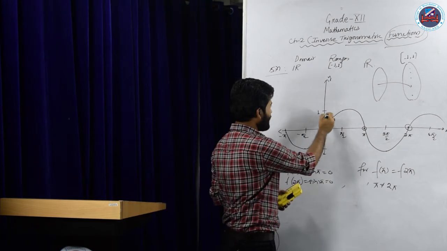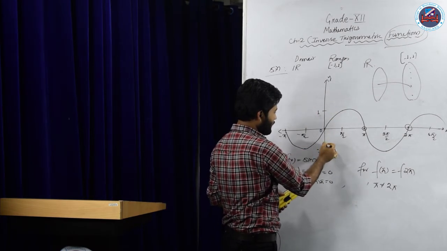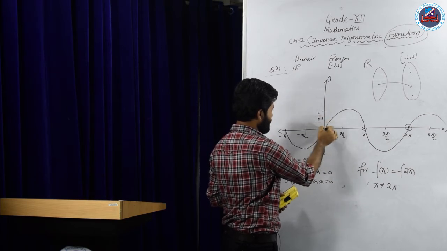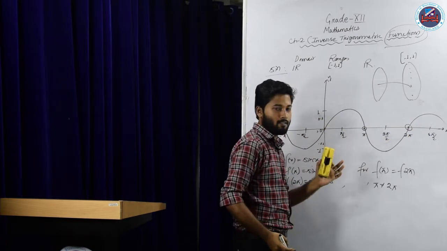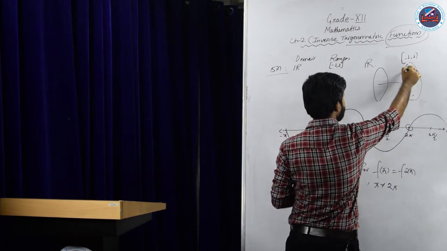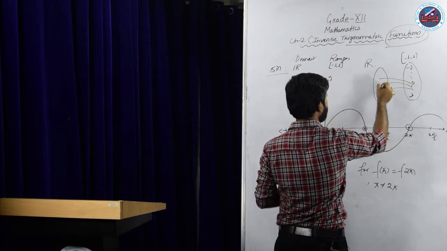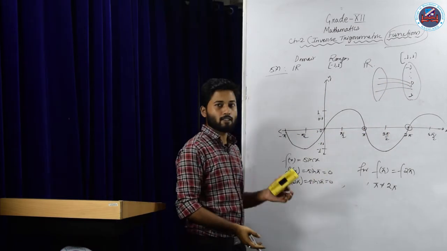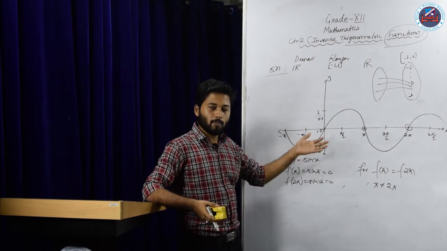So whatever value I take from here, this is our -1, this is our 1, if I take -0.7 or 0.7 or 0, whatever value we take here, you will get a corresponding x. That means for whatever value you take from -1 to 1, you will get a corresponding element in the domain. So clearly this function is onto. Okay. So this function is onto, but it is not 1-1.